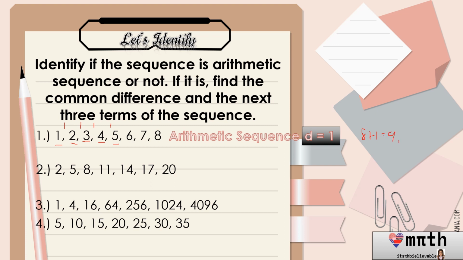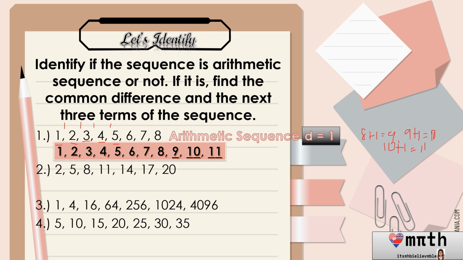Then 9 plus 1, that is 10. And 10 plus 1 is equal to 11. So, the next 3 terms of this sequence are 9, 10, and 11. Is it clear?